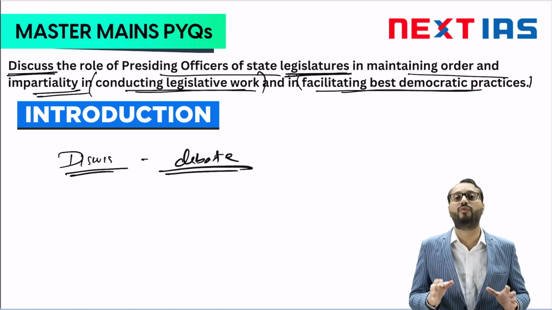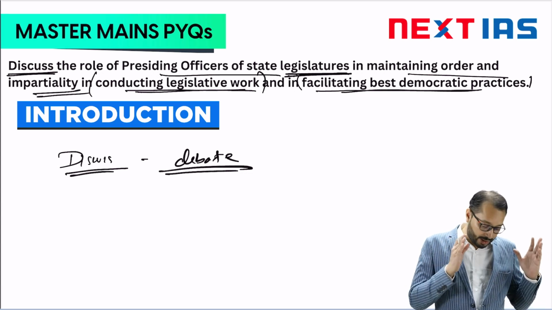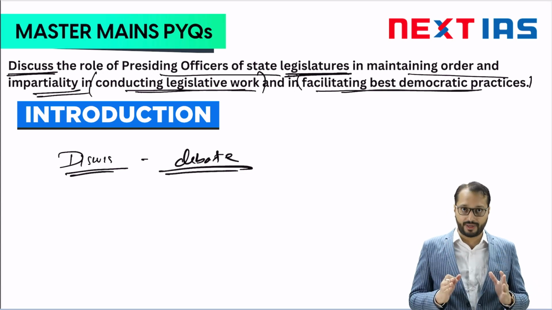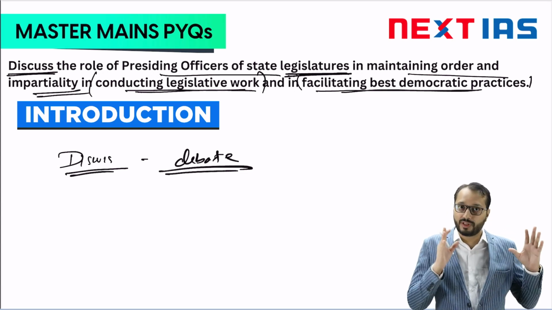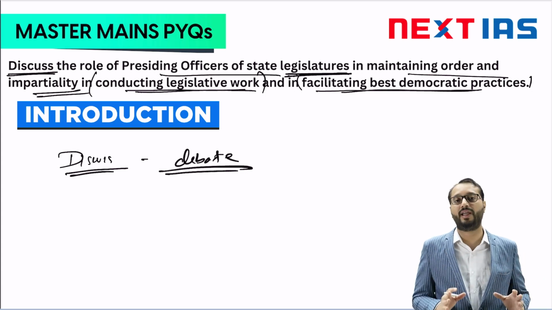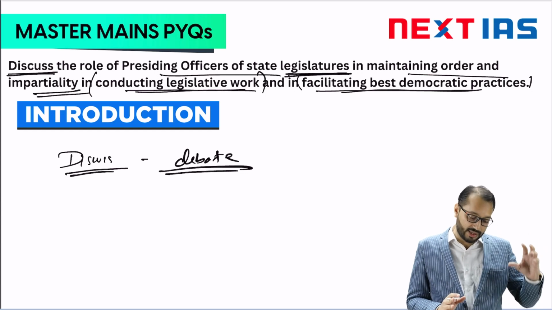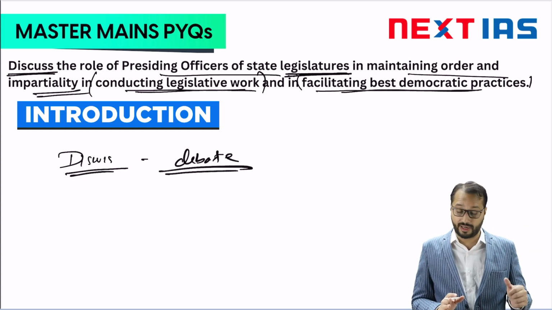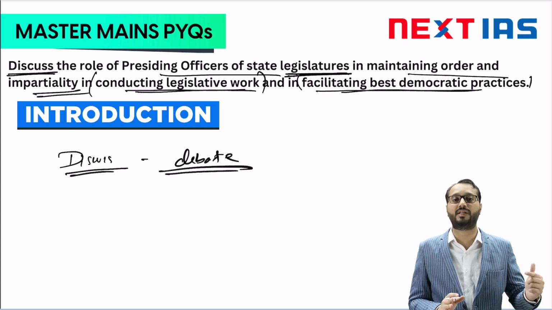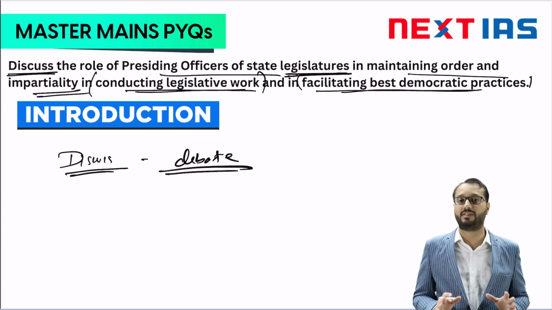Now, how would we go about it? Very simply: introduction, body, conclusion, but in the body part of the answer, you have to bring out that debate. In the first part, you have to highlight their crucial role in maintaining order and impartiality in conducting the legislative work and facilitating the best democratic practices, but then what are the issues in these regards, right?